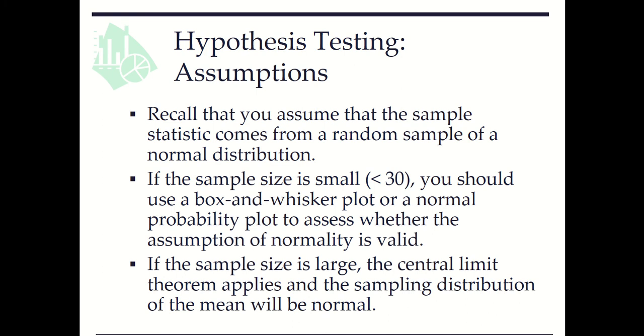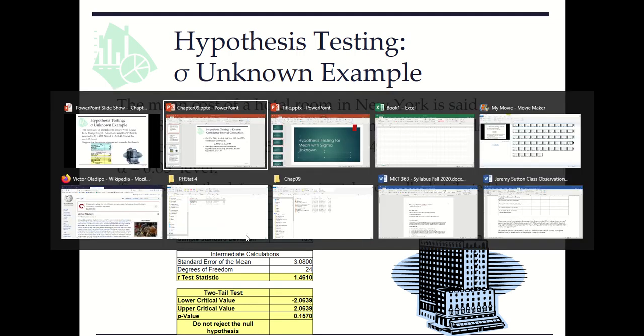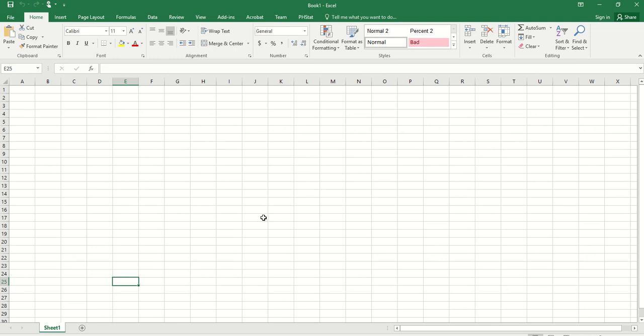If not, then we cannot use a t-test here. So in our case, we have a sample size of 25. So we need an assumption, or we need to test from the sample that roughly the data follow a normal distribution. Now we try to solve the problem with PHStat.